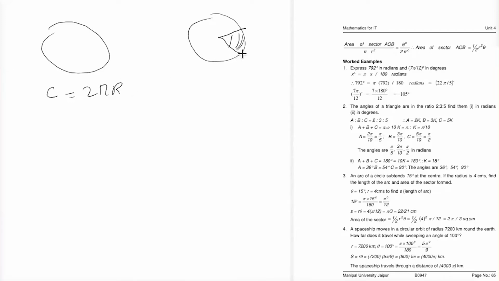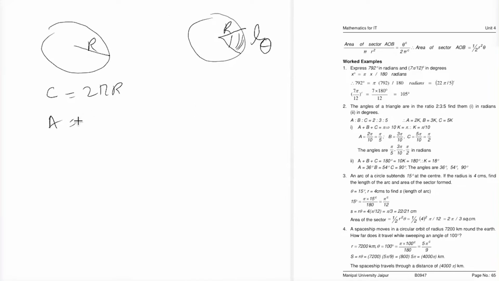Okay, let's compare two circles. This circle has circumference 2 pi r, but we are taking just a small portion, a sector, and this has an angle theta and an arc length l with radius r. Both radii are the same, r.